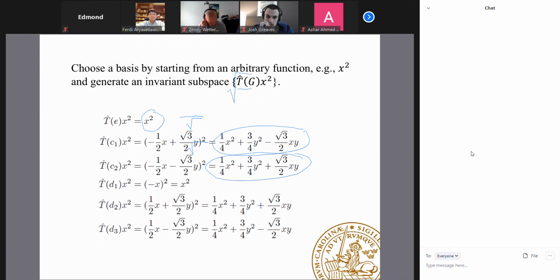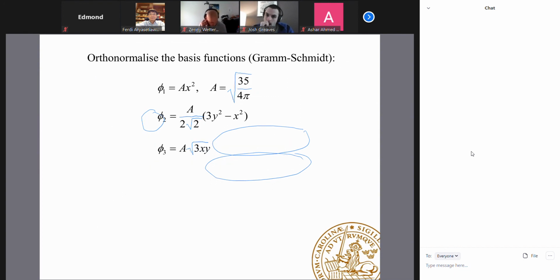So from this we can construct 3 orthonormal functions by using, for example, the Gram-Schmidt orthogonalization procedure. And if we do that, we get this result here. I will not go through this algebra, it is just algebra. So we have one function that we start with, x squared, and then the second one we call phi 2, and then we have phi 3.